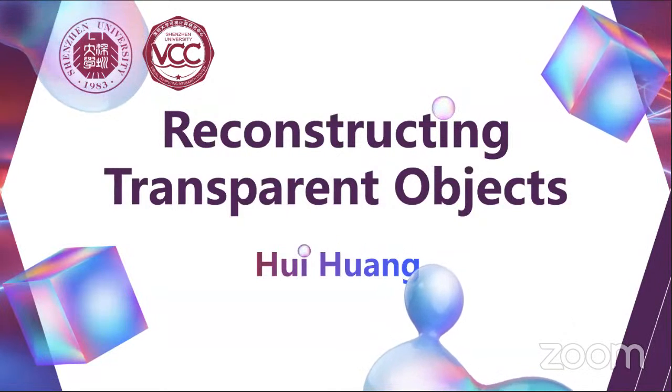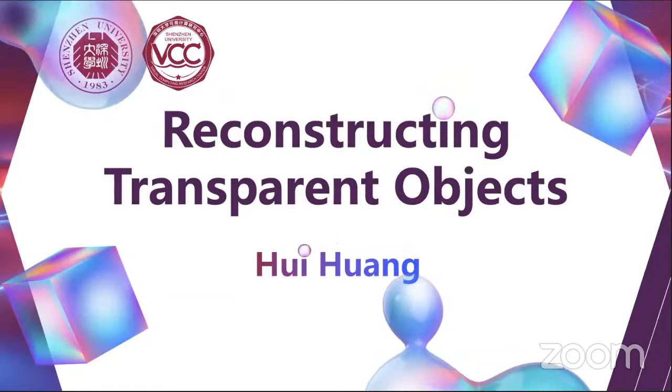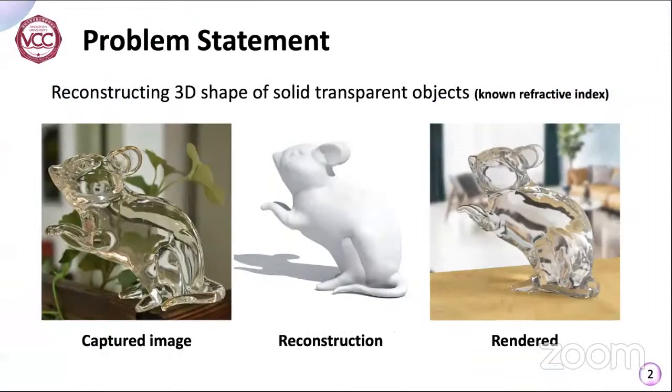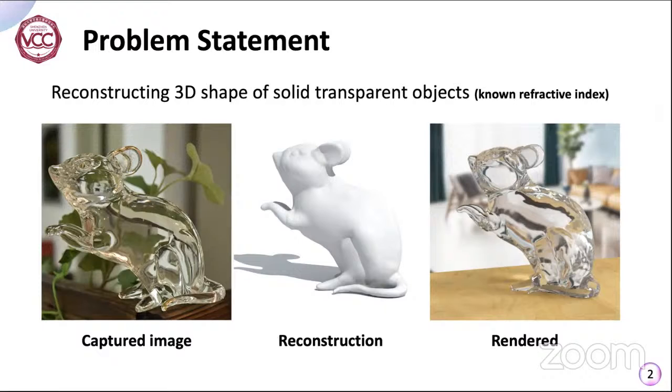Okay, thanks Jiyong for the nice introduction. So as announced, the problem I'll introduce today is about reconstructing complete 3D shapes of transparent objects with low refractive index. For example, on the left side is the captured image of a real transparent object.